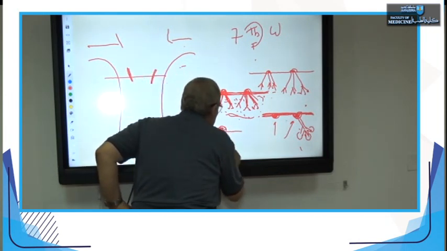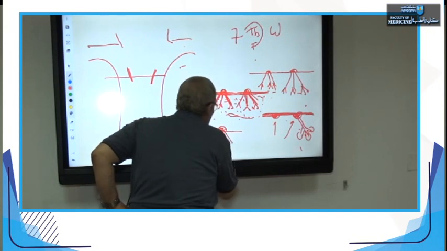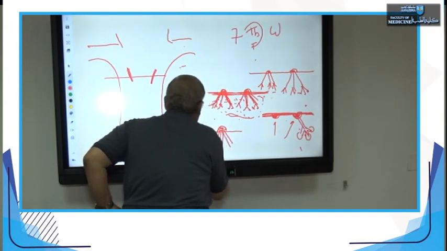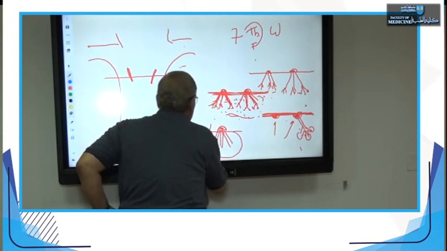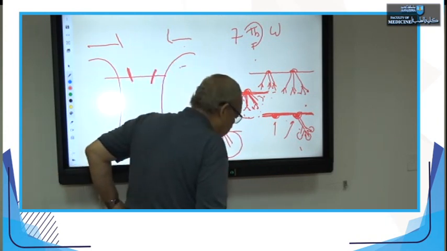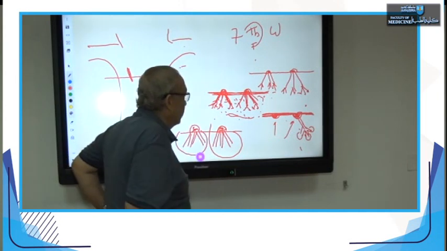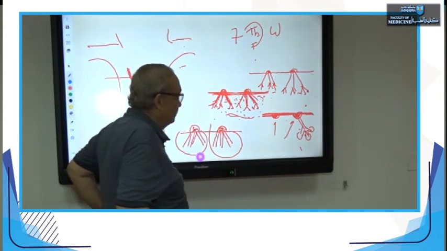And the lactiferous ducts will open into the nipple and we will have the mammary gland of the right side and the mammary gland of the left side. This finishes the development.